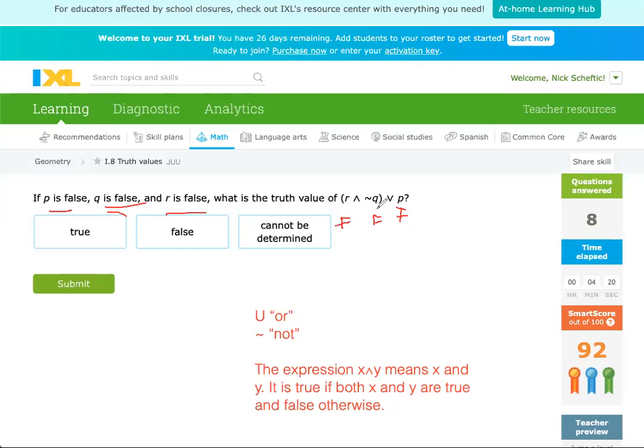This is not Q, so this is actually going to be true. But that's a symbol there, so it's going to be false and true. So that's going to lead to false. And then false or false. So the statement is going to be equal to false. All right, good luck.